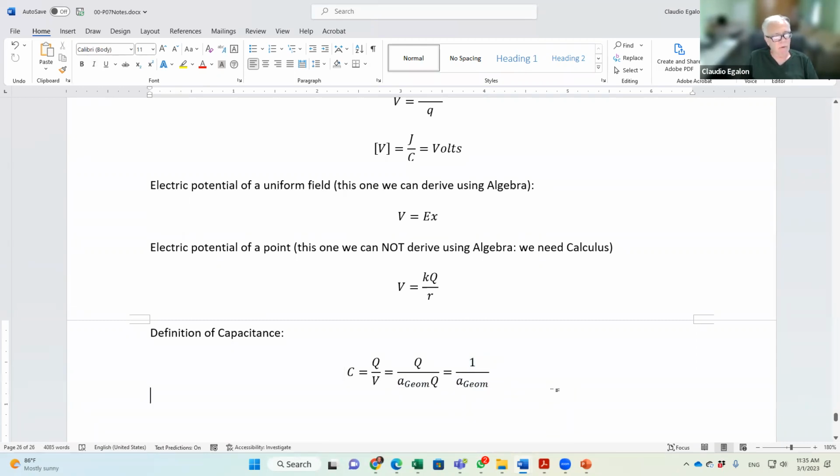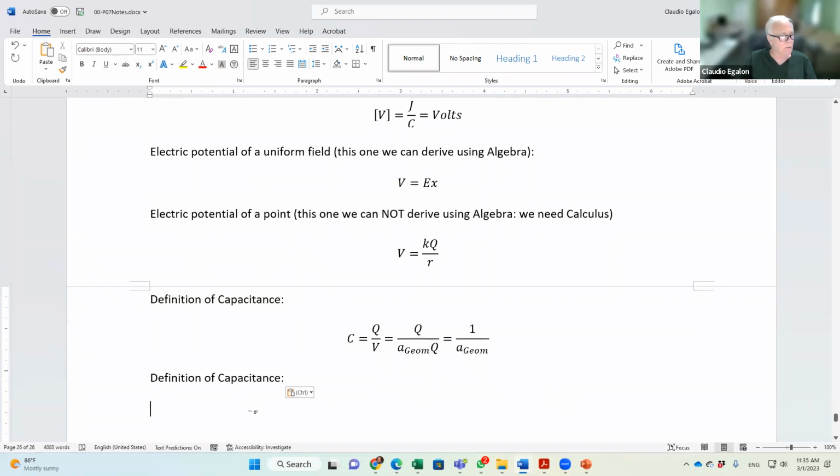So the planar capacitor has one equation for the capacitance. The spherical capacitor has another equation for the capacitance in terms of its geometrical configuration.